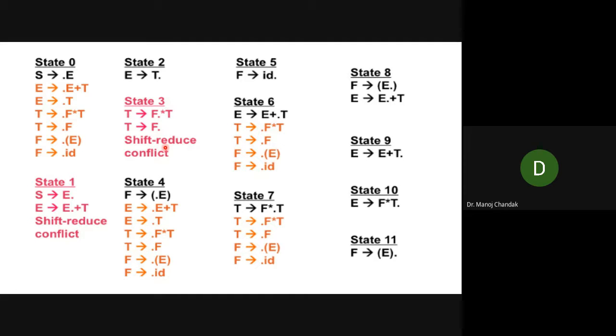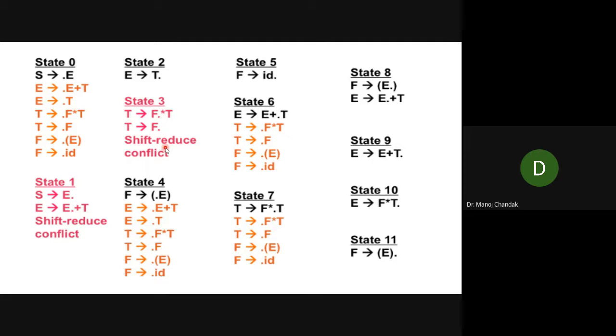Have you understood this? What is shift reduce conflict? There will be a reduction when the dot is at the end of the production rule, and there will be a shift when the dot is inside the production rule. So if in a particular state there is a shift also and there is dot at the end, then in that particular state there will be a shift reduce conflict.